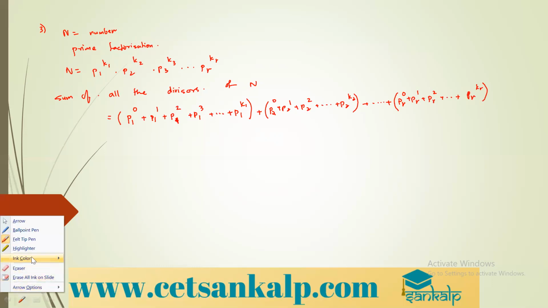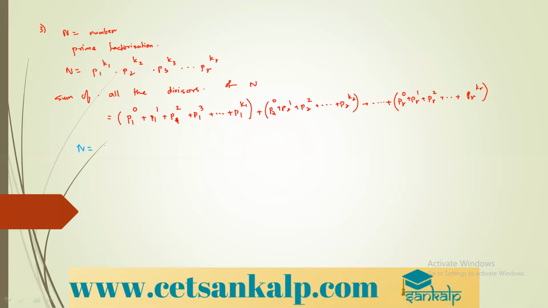You will understand better if you take an example. I will take the same number 38,808 and write the prime factorization: 2 cube, 3 square, 7 square, 11. Now if I want to find the sum of all the divisors of this number 38,808, what will I do?